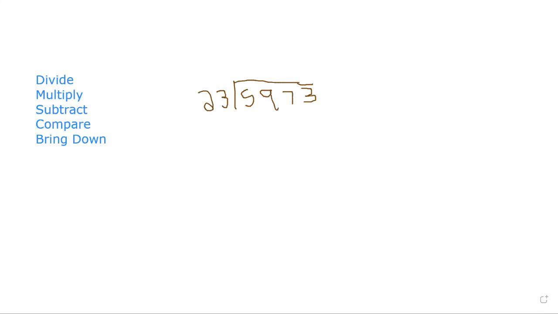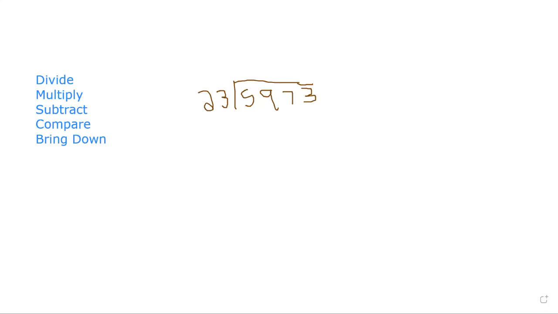Just for a review of vocabulary, the number that's the group being divided is the dividend. This is the divisor. The answer is the quotient, and the remainder is the numbers left over that didn't fit into a whole group. One of the things we can do is compatible numbers.